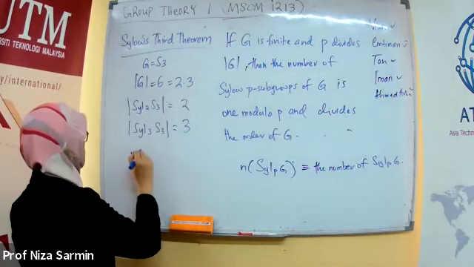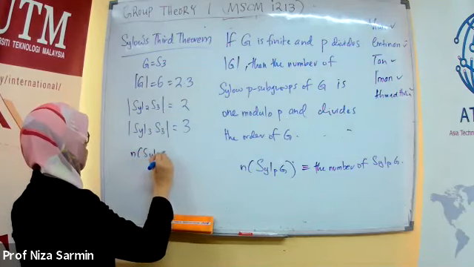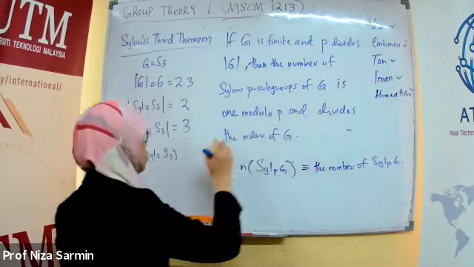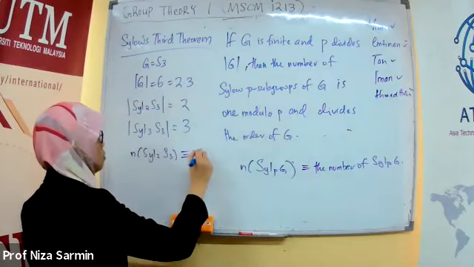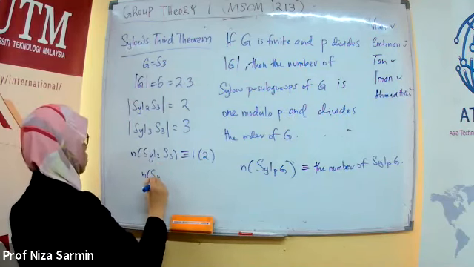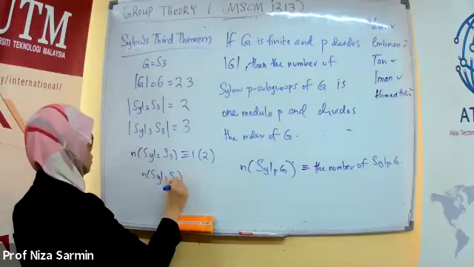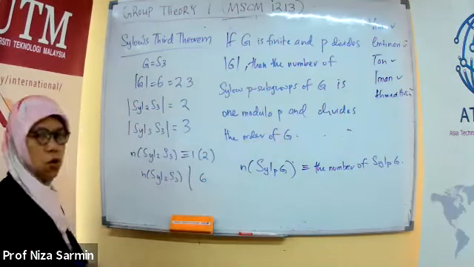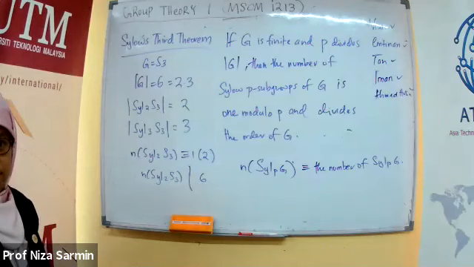And the number of Sylow 2 of S3 is 1 modulo 2, and divides the order of G. Okay.